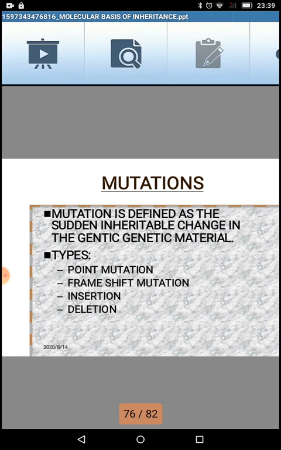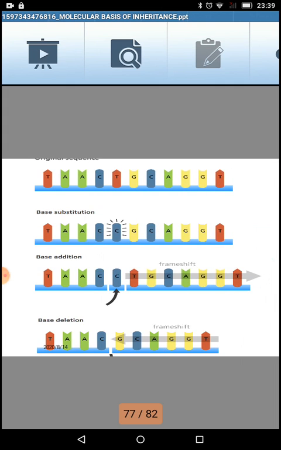Before we go into reading the definitions of all of them, let us understand this one by one. The slide projected in front of you gives a little idea of all the 4 types of mutation.